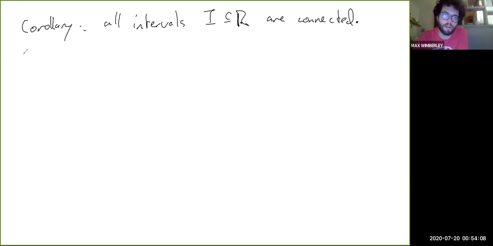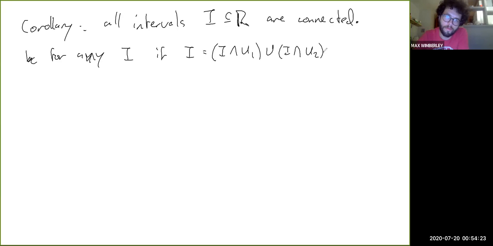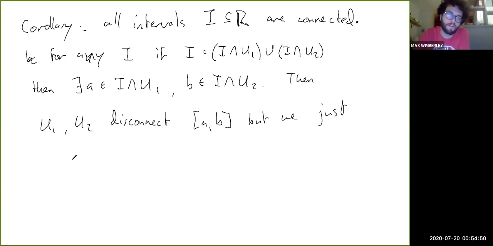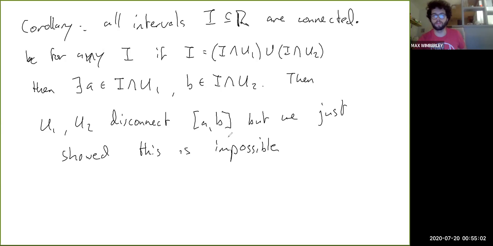They're all connected because for any interval I, if we find U1 and U2 that disconnect it, then there exist a in I intersect U1 and b in I intersect U2, and U1 and U2 disconnect [a,b], but we just showed this is impossible, right? So there you go. Intervals are connected, as you might expect.